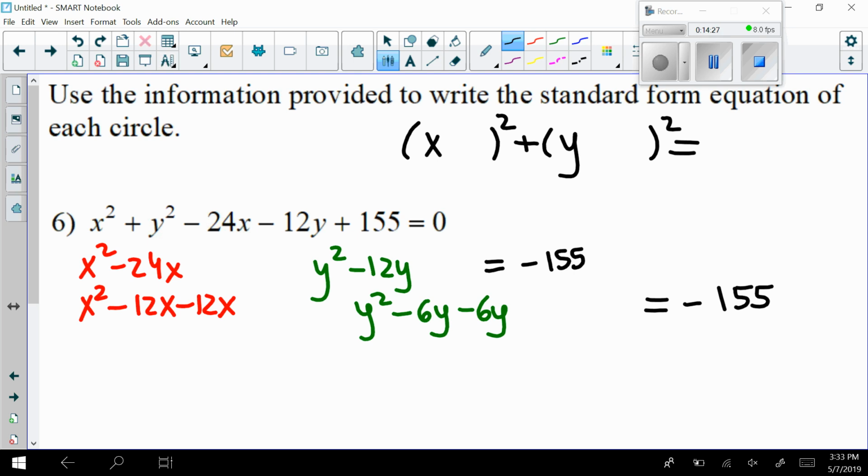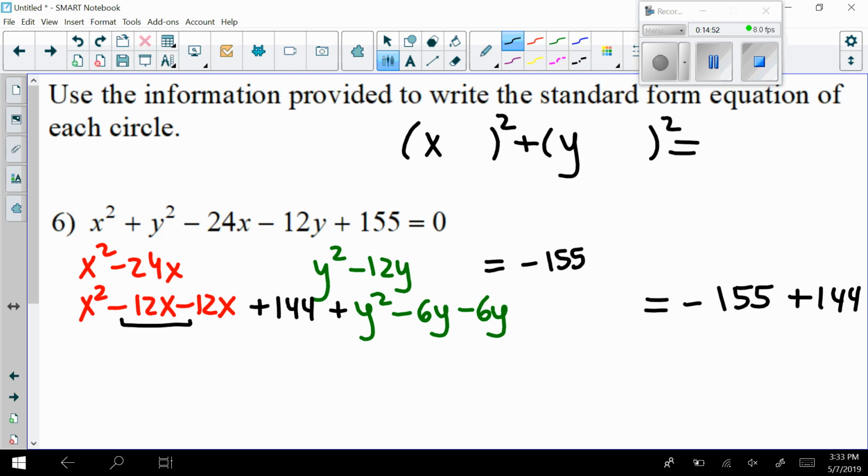Now we have to complete our perfect squares. These two numbers multiply to 144, and I want my outside numbers to multiply to 144. Since my coefficient of x squared is 1, I just need 144 at the end. And very, very important, we have to make sure we don't forget to balance.